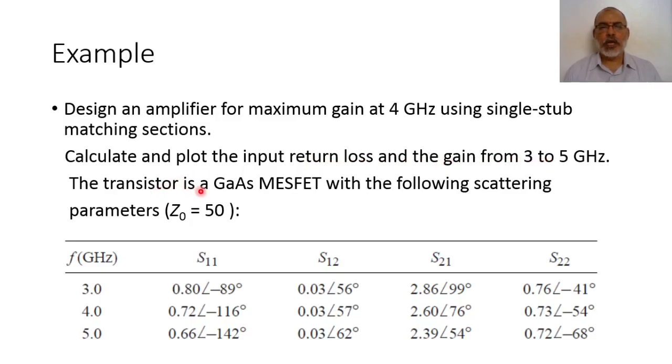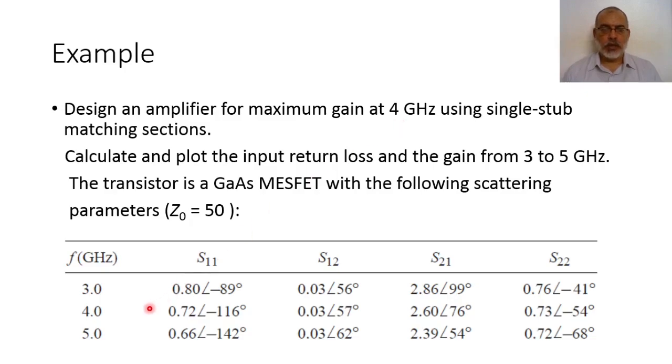The transistor is a gallium arsenide MESFET with the following scattering parameters at different frequencies, referring to a characteristic impedance Z0 equal to 50 ohms. Here we have the scattering parameters at 3 GHz, 4 GHz, 5 GHz. It is required to design the amplifier to have a maximum gain at 4 GHz.